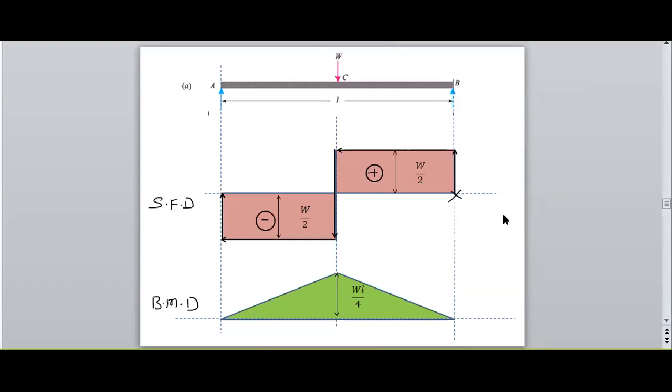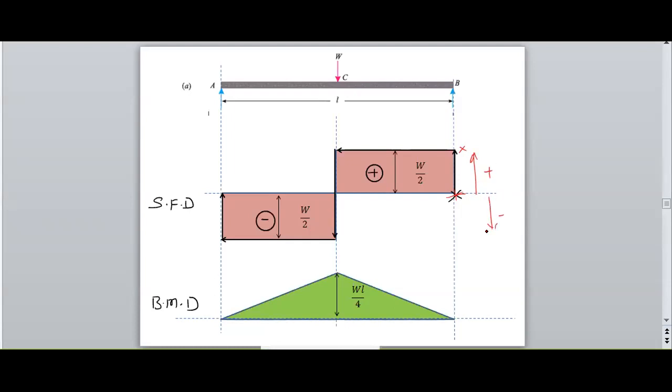Therefore, using those values, I need to draw the shear force diagram and the bending moment diagram. In the shear force diagram, I am getting a 0 before B. Next, at B, I am getting a positive W by 2, so I need to move in the upward direction because it is positive. Downward direction is negative.